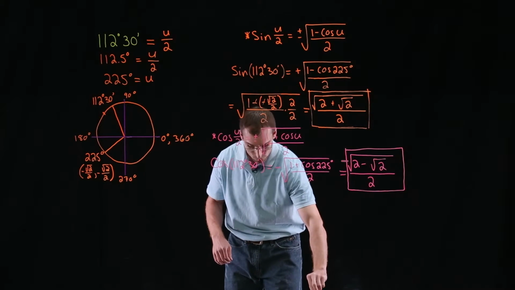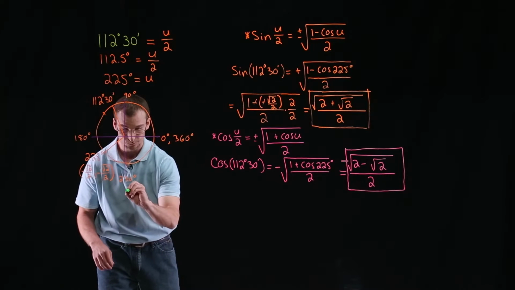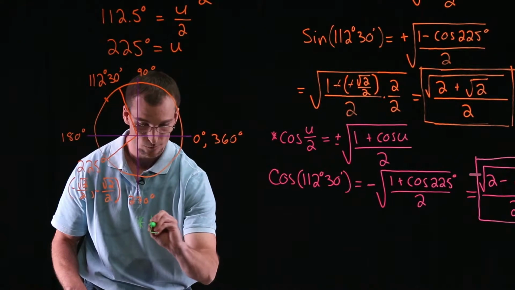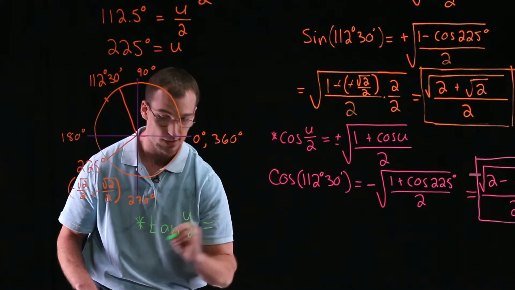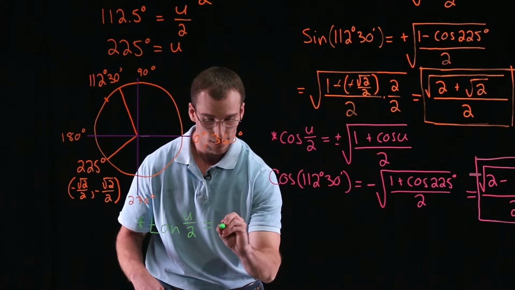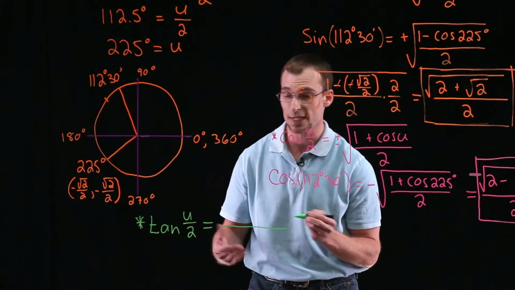And now the last thing we have to do is take a look at our tangent. So the half angle formula for tangent, tangent of some u over 2. Now there's two forms for this. And in both forms, if you simplify right, you'll essentially get to the same end.